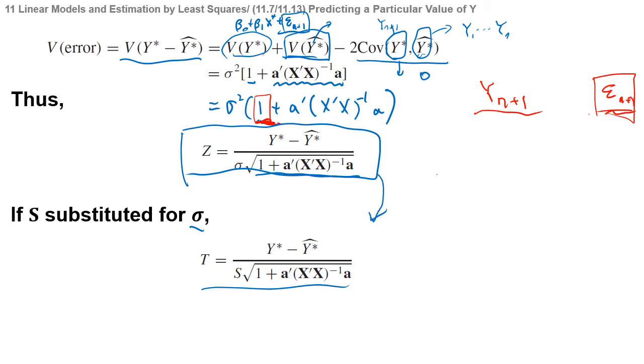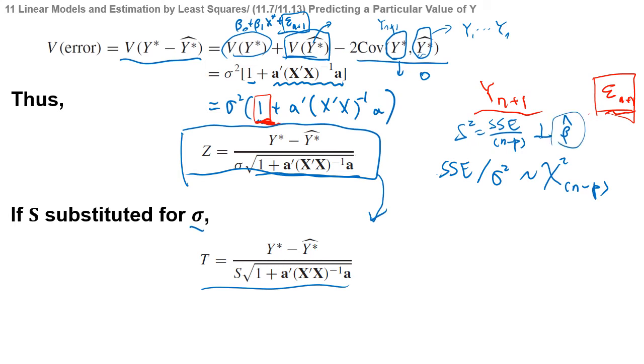Again, from the derivation from Z to T, we have a theorem similar to 7.3: SSE divided by sigma square follows chi-square with n minus p degrees of freedom, and s square, which is SSE divided by n minus p, is independent of beta hat.